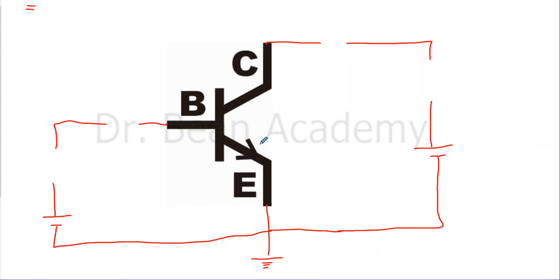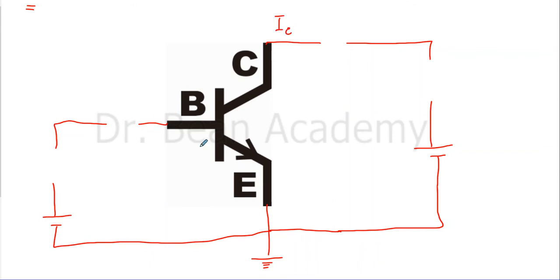Because when we want to find the output characteristics of a transistor in whatever mode it is operating, we want to measure different things. For example, we want to see what the collector current is, right? Whatever current is flowing through the collector in this situation, IC, we want to measure this current.